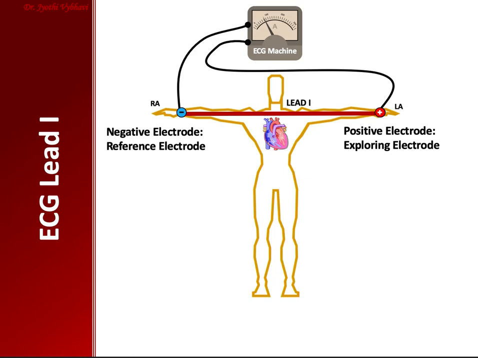The bipolar leads were so named historically because they record the difference in electrical voltage between two extremities or two poles. Bipolar: the difference between the electrical activity of these two is recorded. That's why it's called bipolar limb leads.